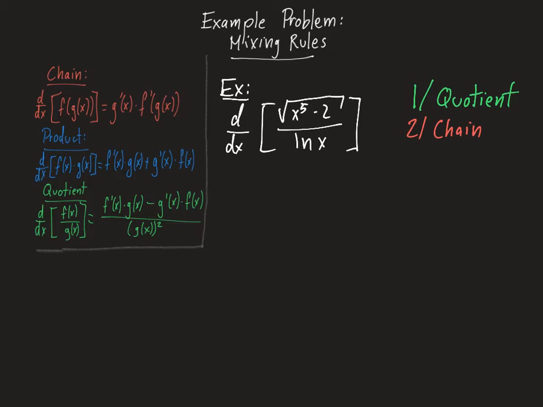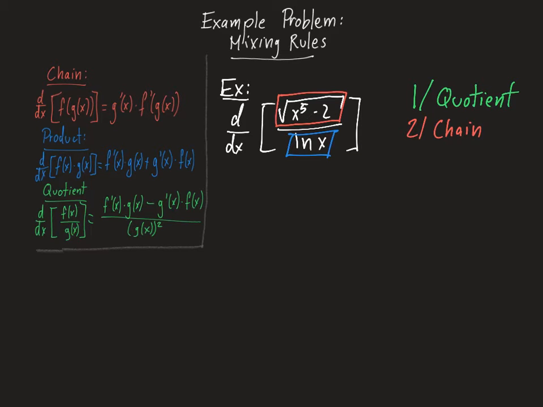So we're going to be doing a quotient rule inside of which there will be a chain rule. All right. So let's break this down. And as usual, I'm going to try to color code everything. Within the quotient rule, you need to identify your numerator and you need to identify your denominator.